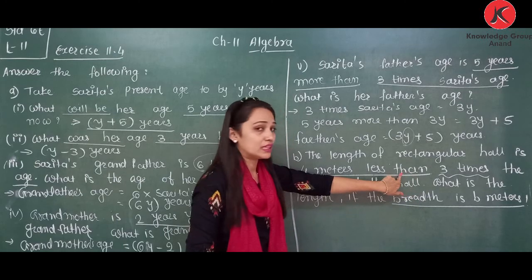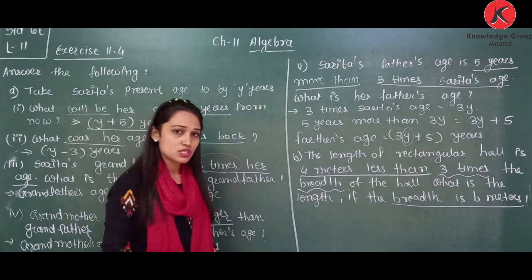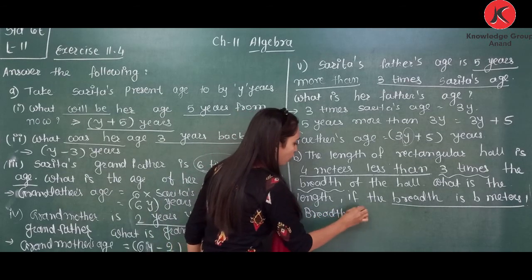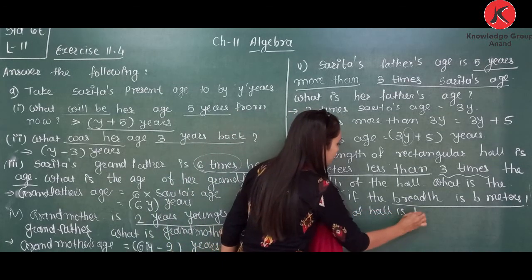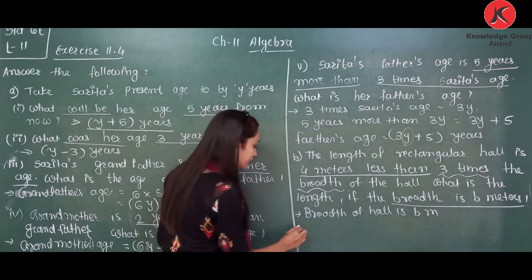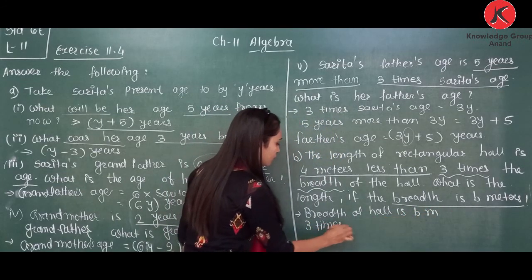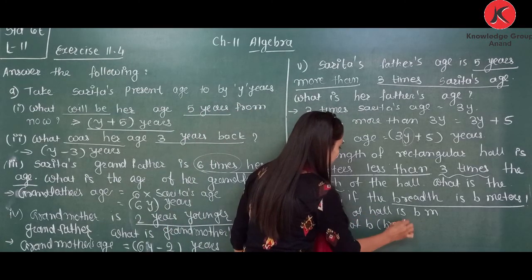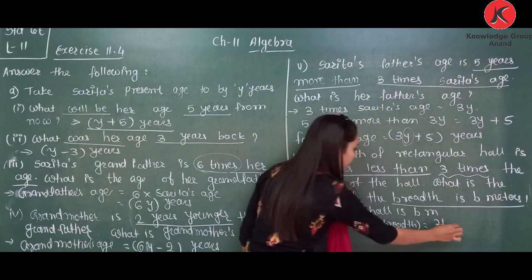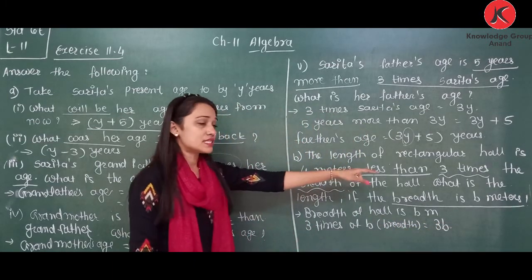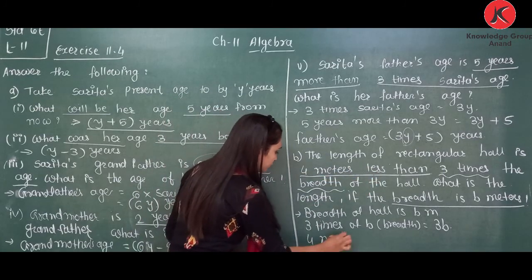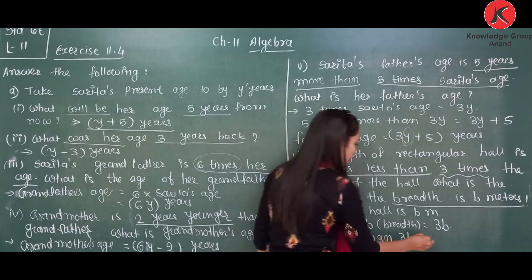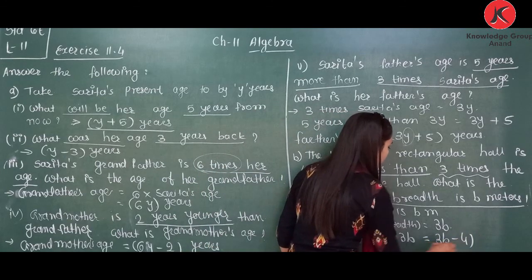So 3 times the breadth means 3 multiplied by b, so it is 3b. 4 meters less than 3b gives 3b minus 4.